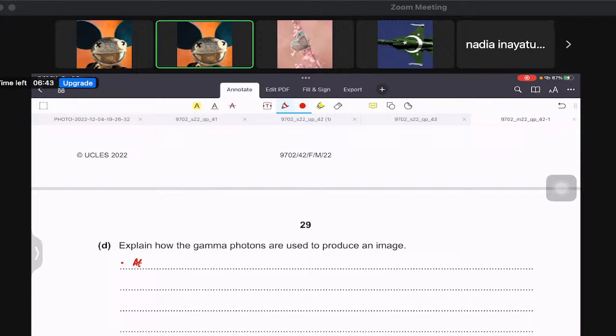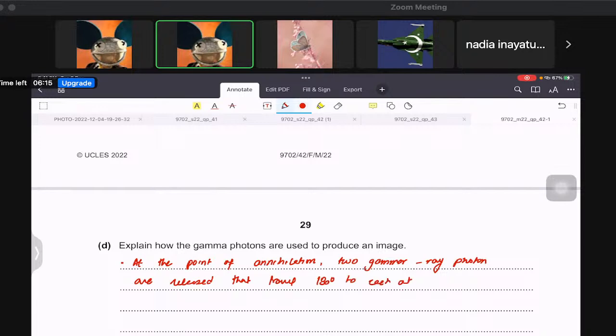So we're going to say that at the point of annihilation, two gamma ray photons are released that travel 180 to each other.